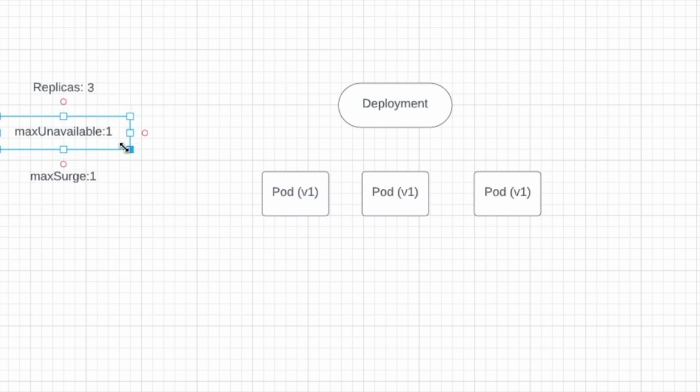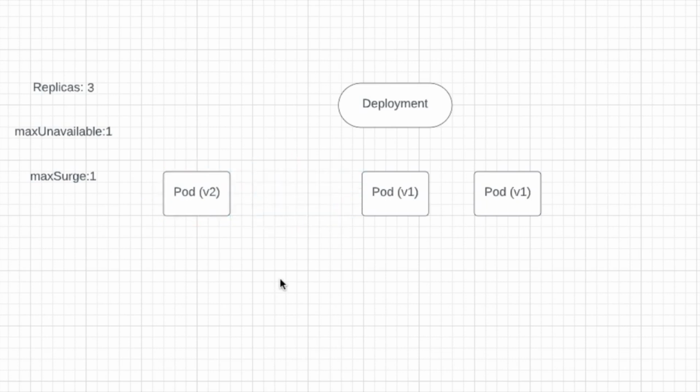In this case, I set max unavailable to be 1. This means the maximum number of pods that can be unavailable during the update process. So if we visit the update process again, it creates a new pod and terminates the old one.